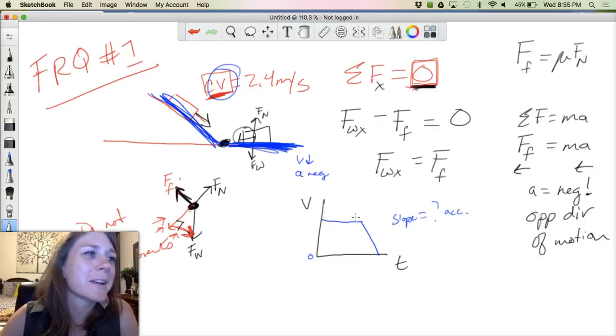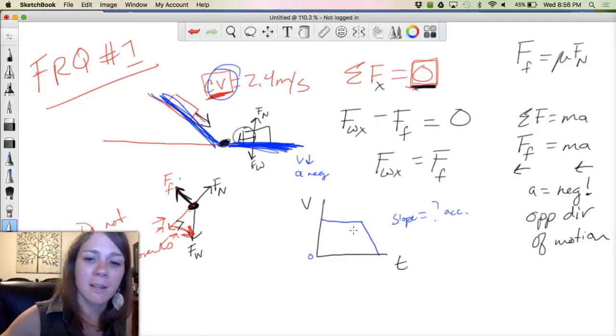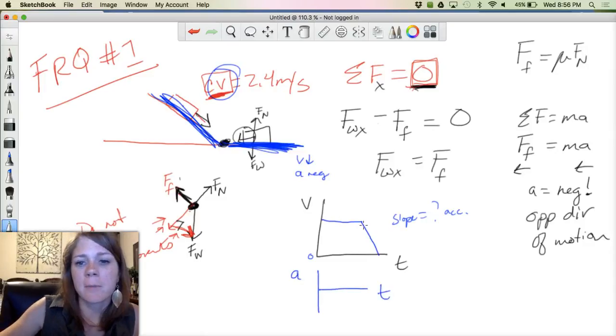Yes, Samantha, you're correct. Sophia says, what would the acceleration time graph look like for that? Oh, acceleration time. So the acceleration time graph is just the slope of the velocity time graph. The slope for the first section going down here was 0. There was no acceleration.